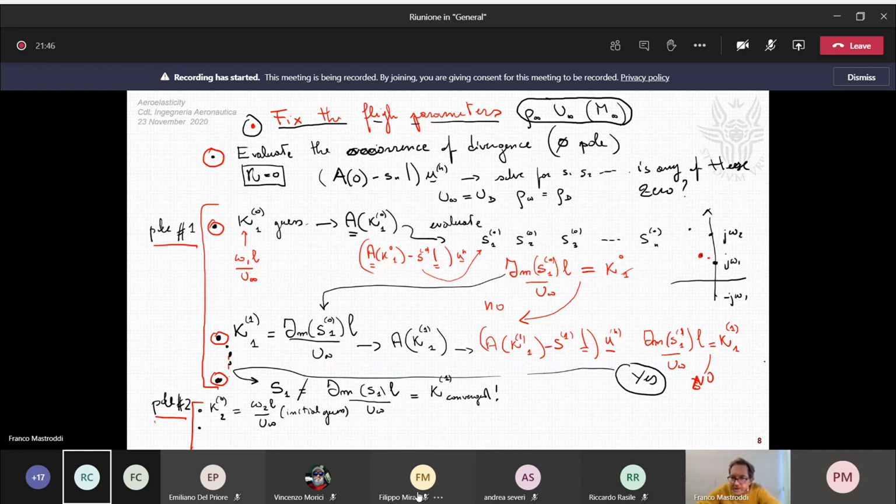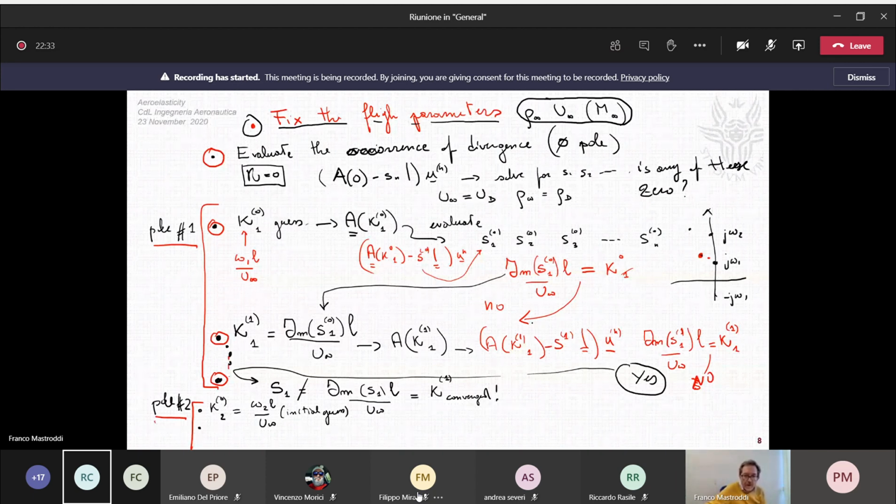So we give as initial guess a reduced frequency equal to the structural first natural frequency multiplied by L and divided by U, and it is the initial guess for evaluating A, and then we evaluate the eigenvalues of A. So we have a set of poles after this standard eigenproblem, which are not at all the poles of the system, but we have to check if one of these has an imaginary part such that this quantity is the initial guess we gave for K. If yes, we have just finished and we have found a pole.